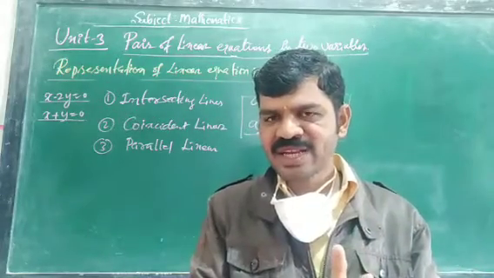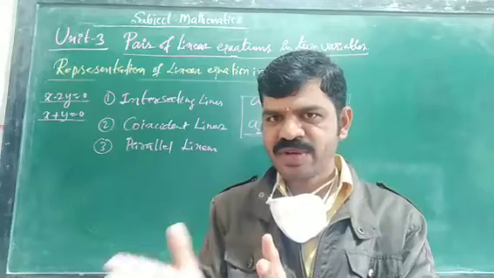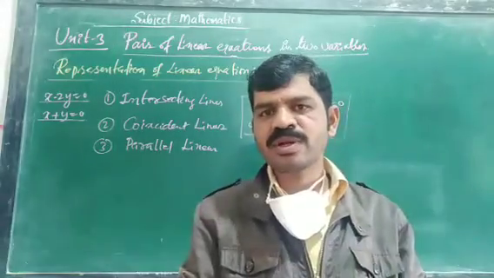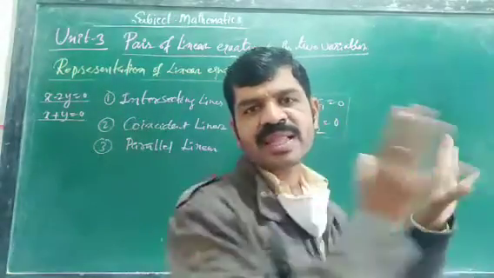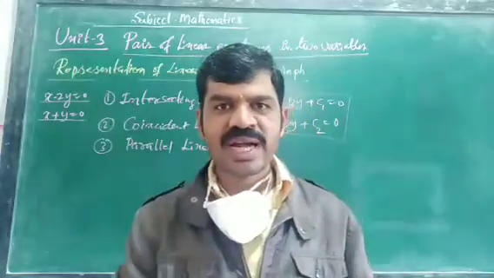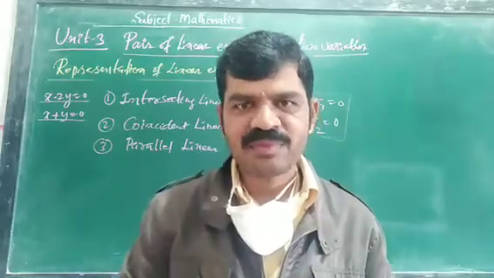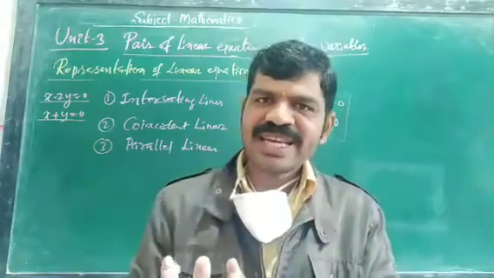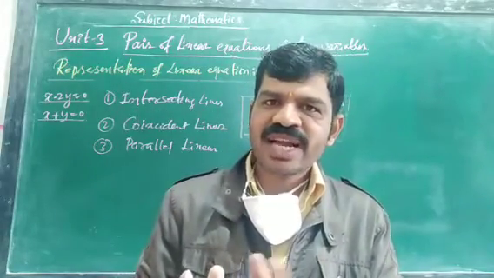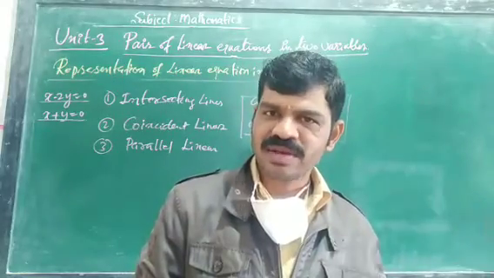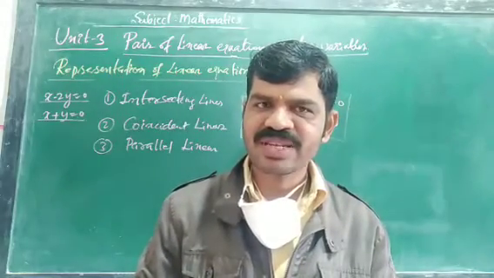In another equation also, same thing: providing the x value and we will get the y value. Those two sets of values will be represented in a graph, and we will see coincident lines in the graph. Like that, for parallel lines, by taking two examples we should understand the representation on the graph. Let us see everything well.